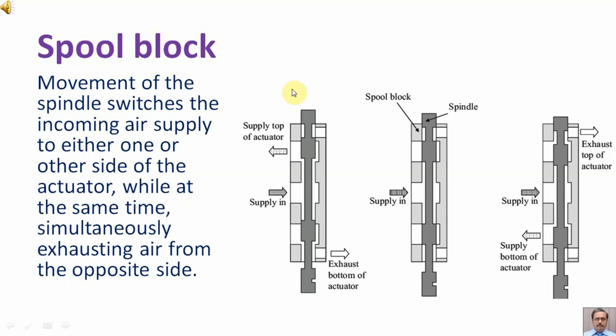Movement of the spindle switches the incoming air supply to either one or other side of the actuator, while at the same time simultaneously exhausting air from the opposite side.